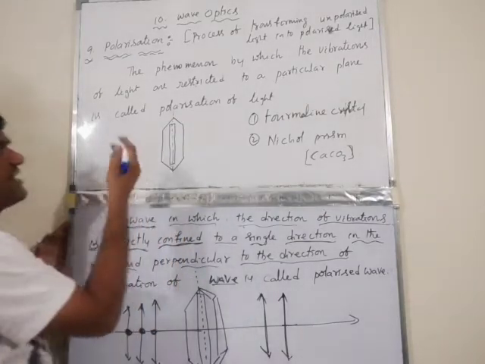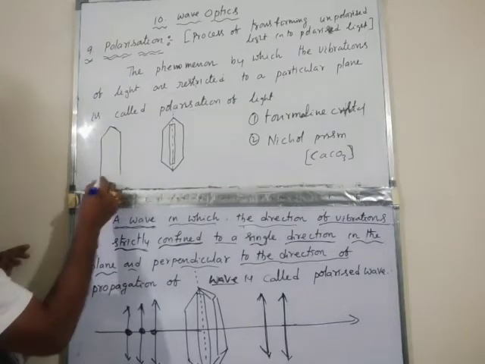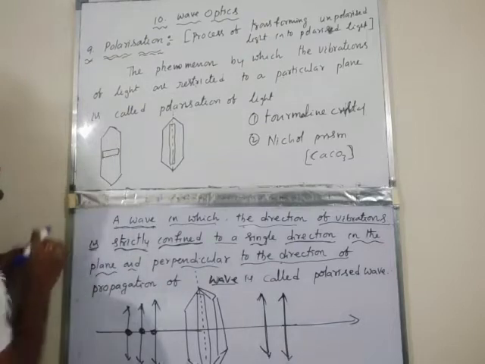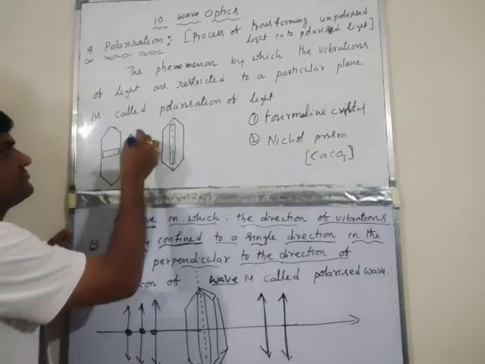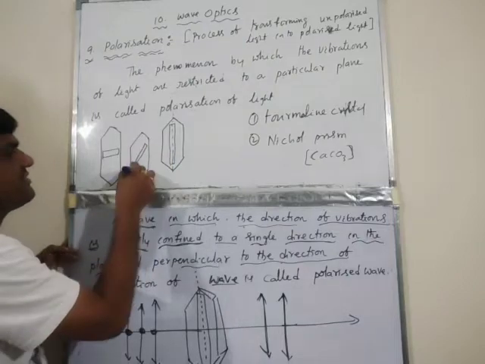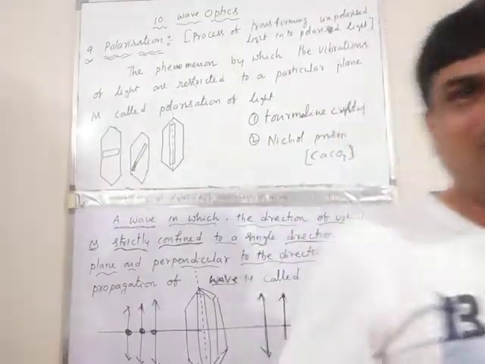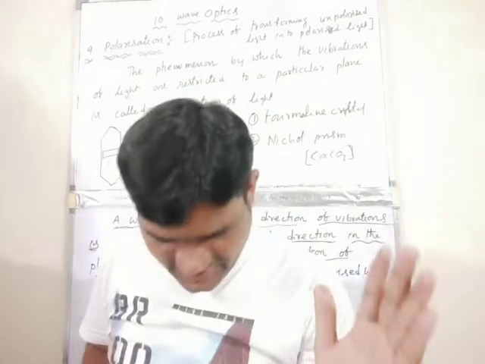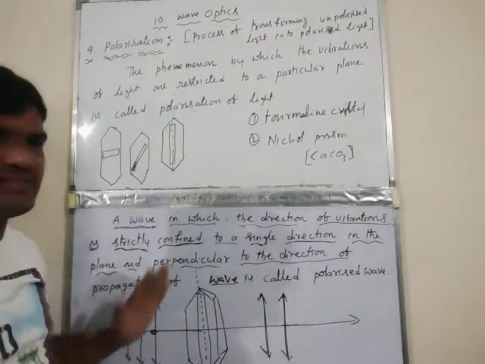This gap is either along the x axis or the y axis, or else the z axis. Any direction will be the slit, but only one direction. It does not have all directions. This polarized slit has only one direction, either x axis or y axis or z axis.